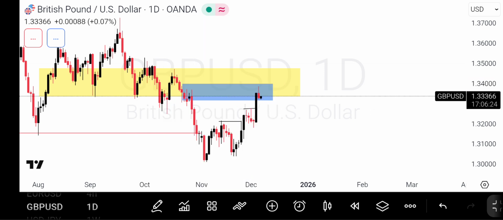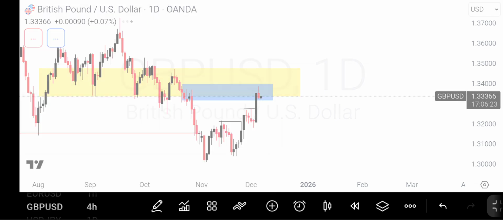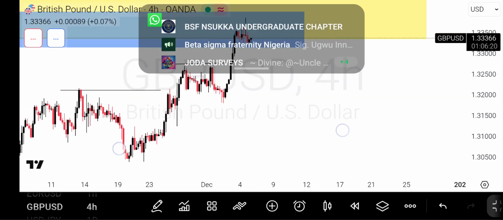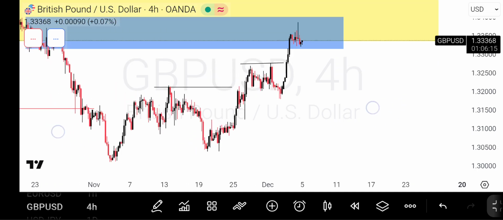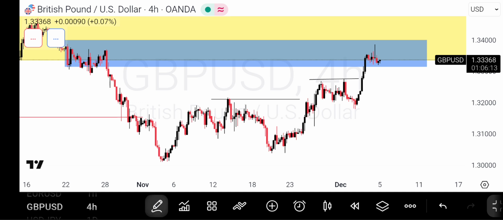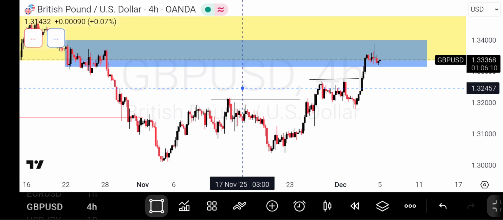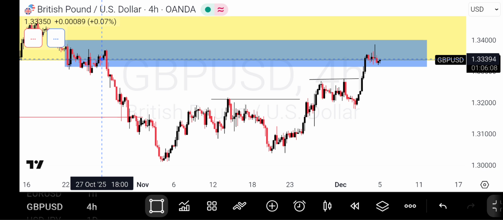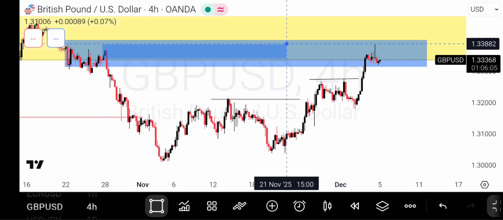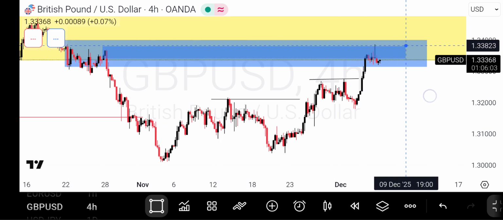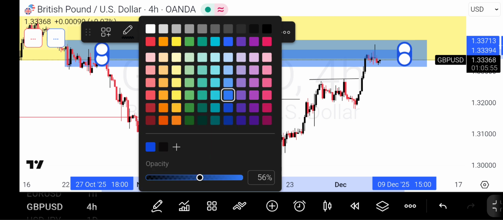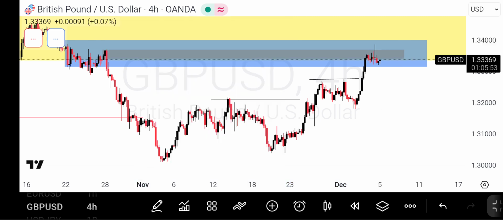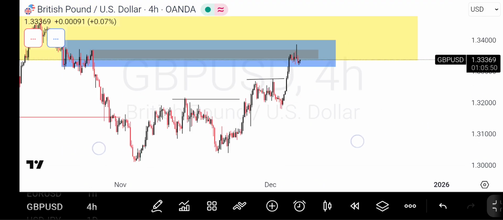I color it blue. Then the next thing we want to do is go to the 4-hour time frame. Obviously, since the daily is not yet bearish, the 4-hour time frame too will not be bearish at the moment. If we do some refining again, we can mark the 4-hour supply zone, which is this point here. So for now, there is no trade.